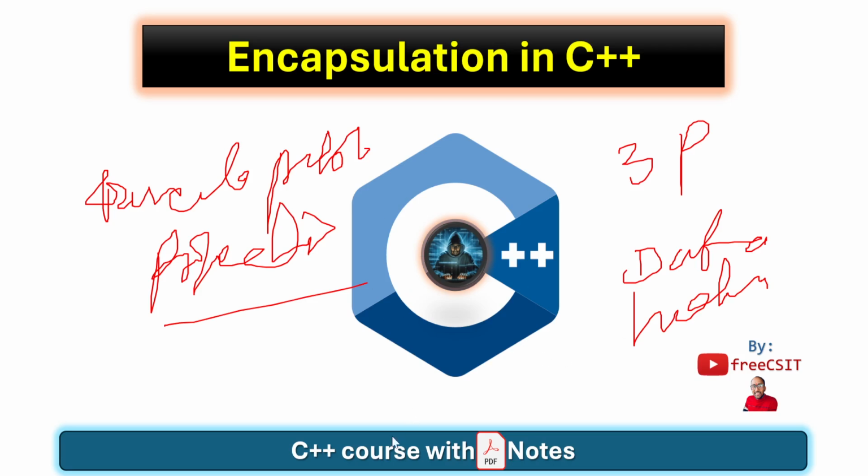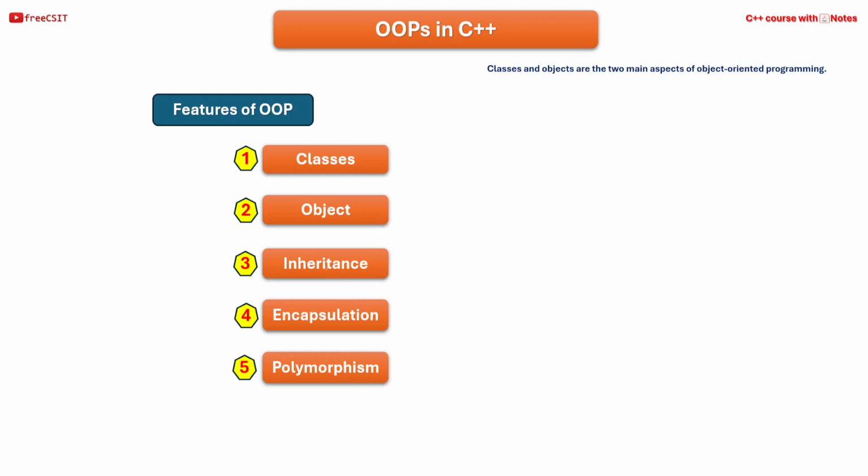So we are in the OOP concepts in C++. We have five features: classes, objects, inheritance, encapsulation, and polymorphism. These are the OOP features, and out of them, as you can see here, we have finished classes, objects, and inheritance, and today I'll be talking about encapsulation in C++.